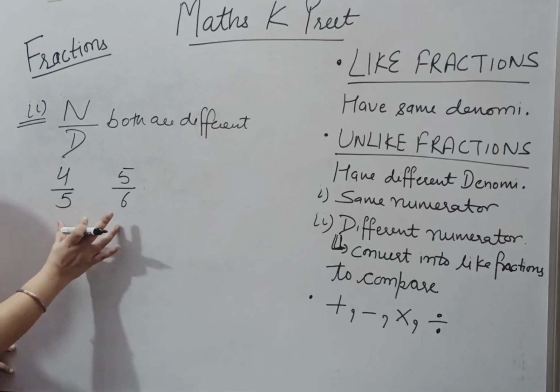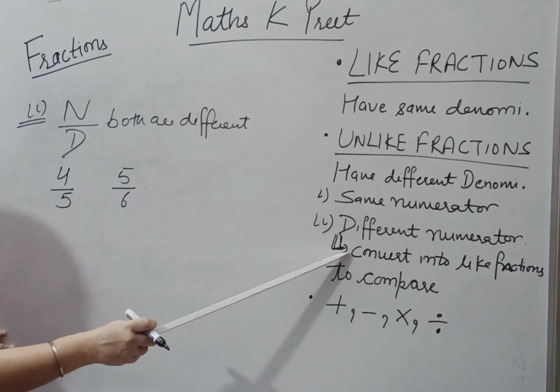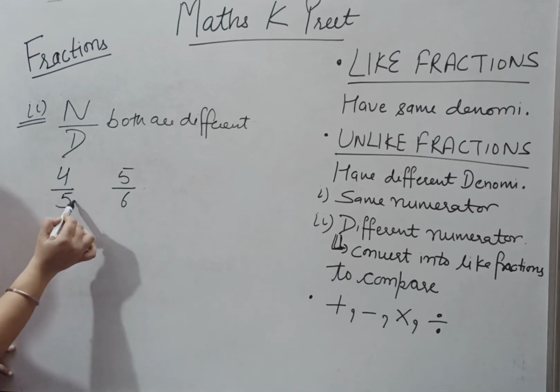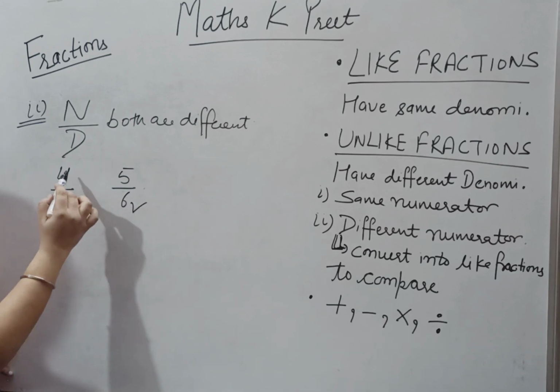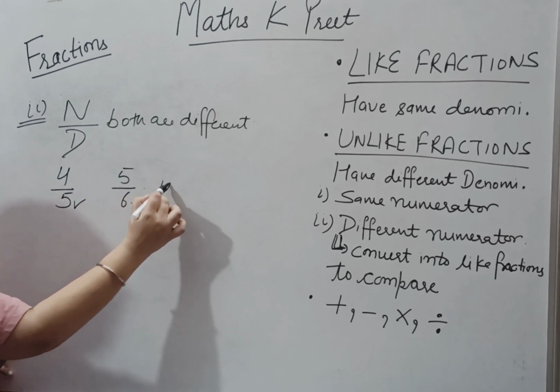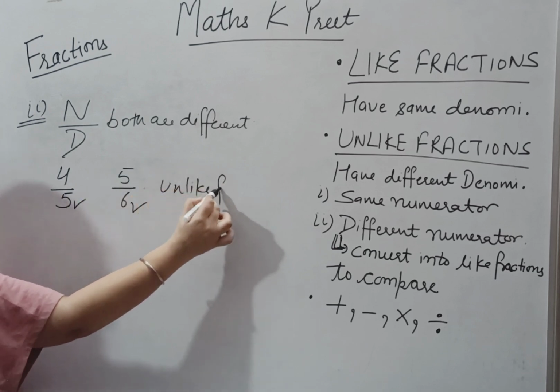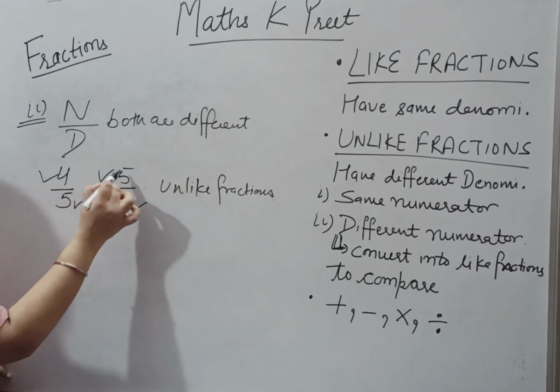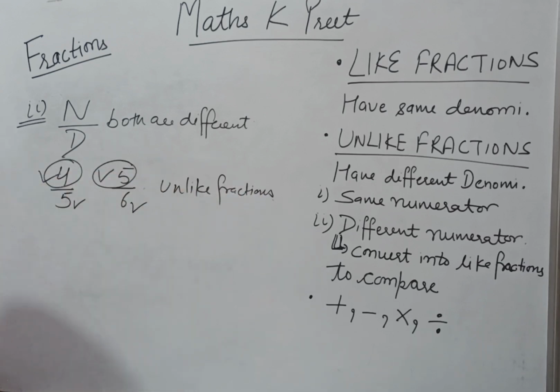First, we will convert such fractions into like fractions when we have to compare. Clearly, the denominator is different. This is an unlike fraction because the denominator is not the same, and the numerator is also not the same.